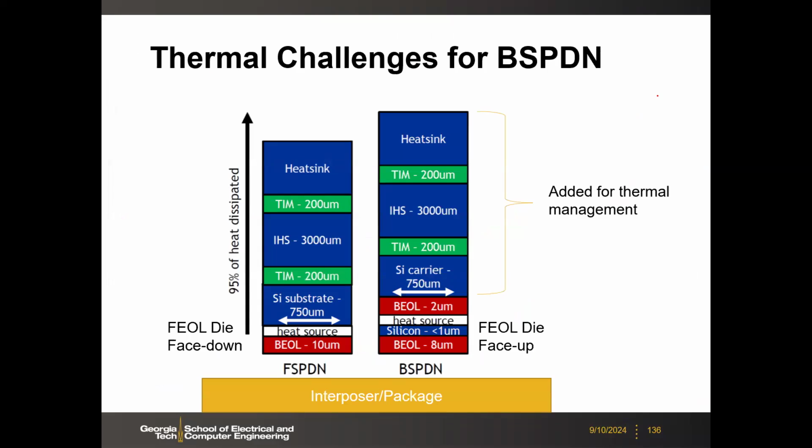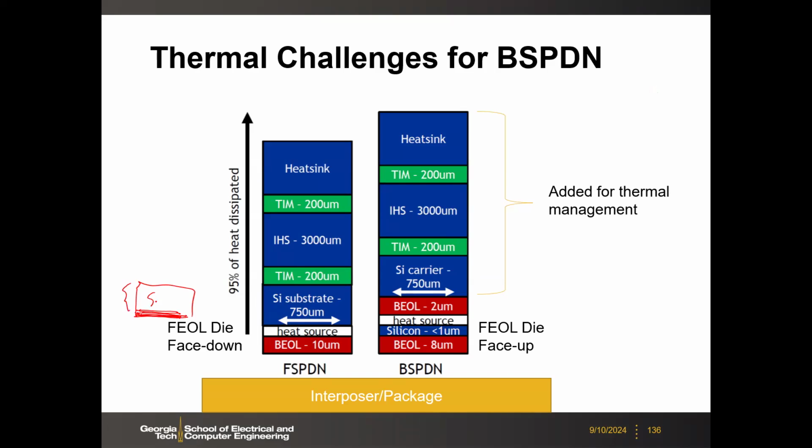Okay, so then there are new challenges for the backside power delivery. That is the thermal. If you look at the traditional design, let's say we have the silicon. Actually, when you do the packaging, the silicon will be flipped facing down. So if you have a silicon die, you will have the front end and back end process here.